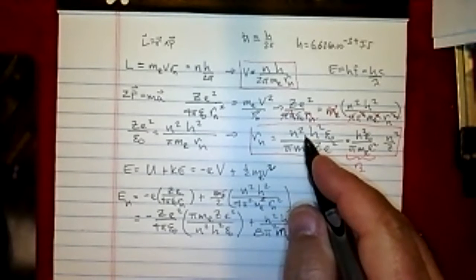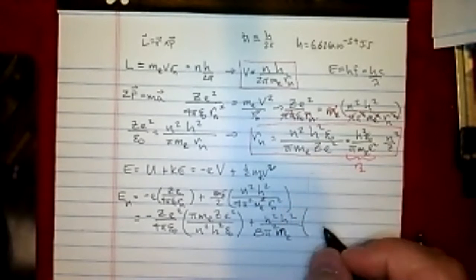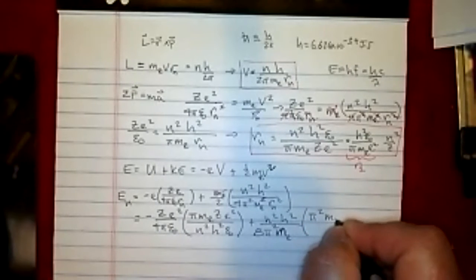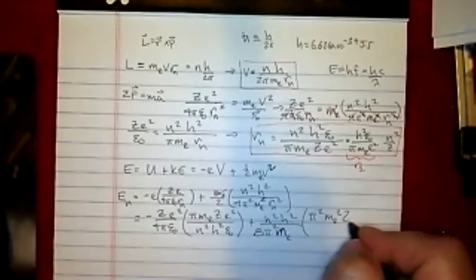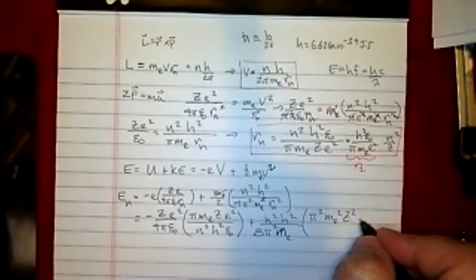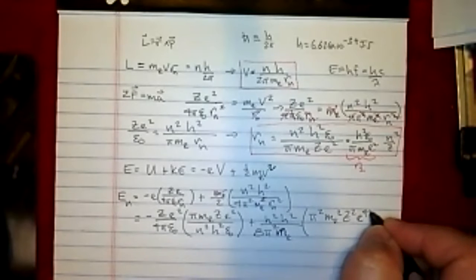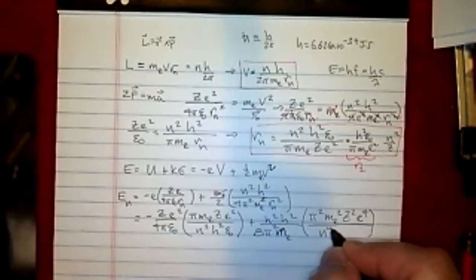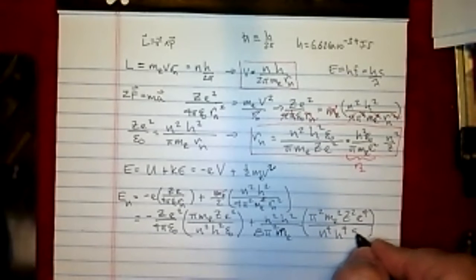So I'm now going to take this and square it and flip it over. So now I've got pi squared m sub e squared z squared e to the 4th, all divided by n to the 4th h to the 4th epsilon 0 squared.